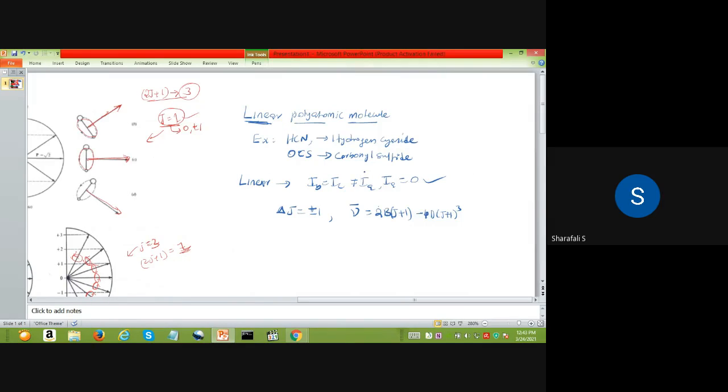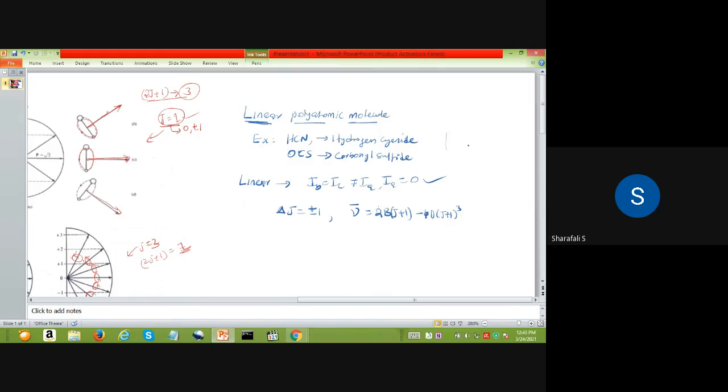Now, where will the change happen? If it is a diatomic molecule, it will have some rotational spectra associated with that molecule. If it is polyatomic, for example a triatomic molecule, what change can we expect?